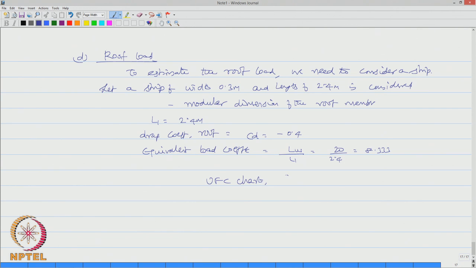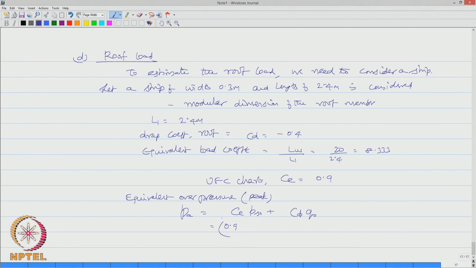For this ratio, you can refer to the UFC chart. One can find the equivalent coefficient as 0.9. So, therefore, equivalent overpressure, that is peak overpressure, is PA, which is CE into PSO plus CD into QO.